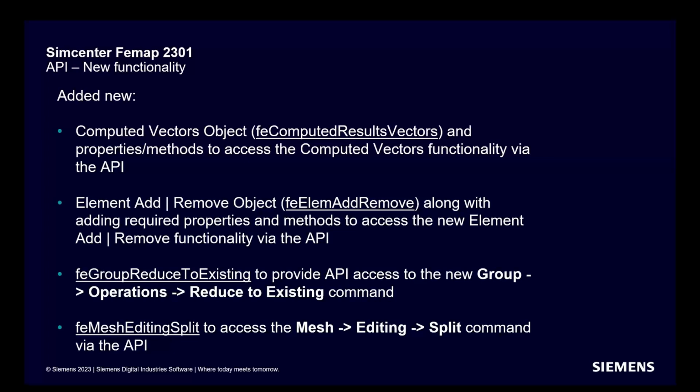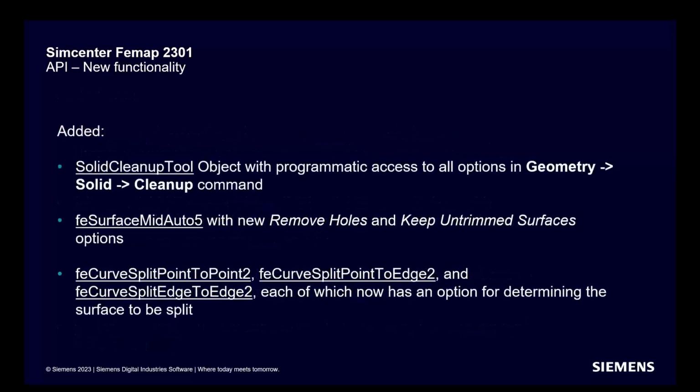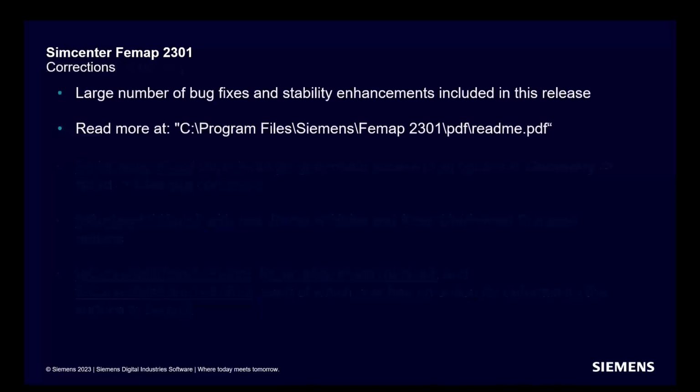One thing that we haven't covered yet, I think this is just a new function that they've added to the API, and I don't think it's anything new in the user interface, but you can now access the mesh editing split command via the API. And then same thing with the solid cleanup tool and the surface. Basically, the Midsurfacing API command has been updated with the remove holes and keep untrimmed surface options. And then some miscellaneous curve split options have been added as well in the API.